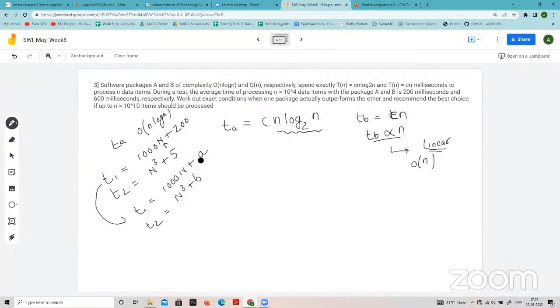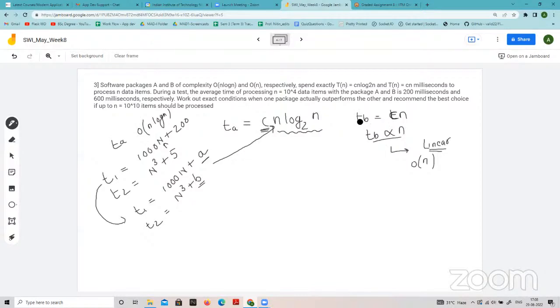Here, we have three unknowns, n, a, and b, so we might need some extra conditions to figure out the values of a and b. Similarly, this function is not a complete function because I have an unknown called c, and n is already there. To figure out what c is, I have additional information given. Similarly here in TB, there is unknown c. To figure out what c is, the additional information is given.